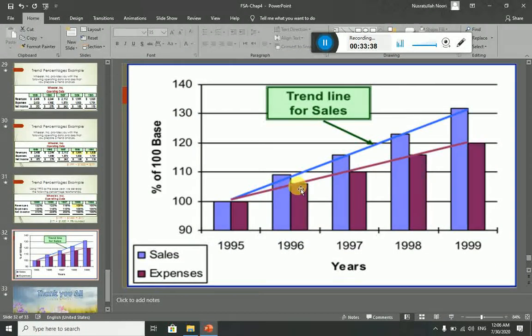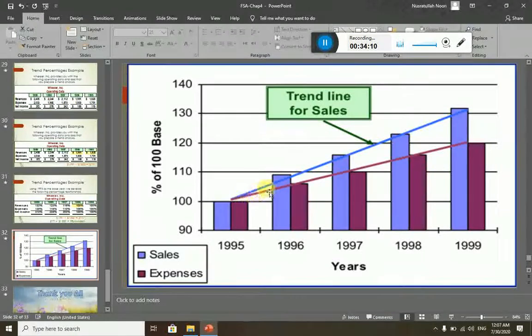You can see 106, 109, then similarly 110, 116, 116 and 123, 120 and 131, right? Now all the points of the expenses have been joined with a line. The line is going upward, meaning each year the expenses are increasing.